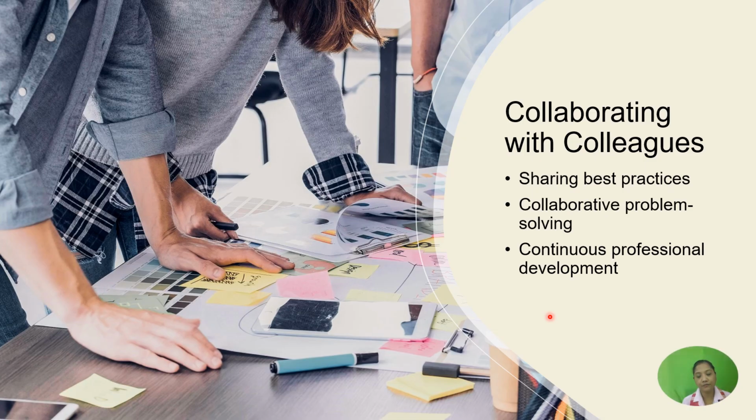Also remember that when we conduct student orientation, it's not a one-man show. So we have to encourage colleagues to collaborate, to share best practices, engage in collaborative problem solving, and participate in continuous professional development, especially for doing orientation for our students.